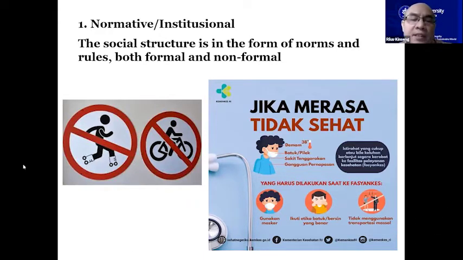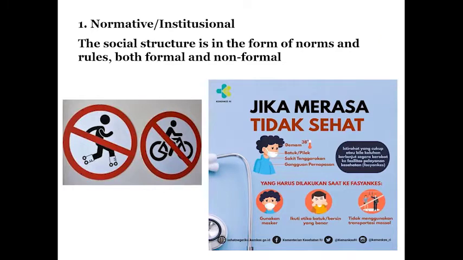Like for example, here in the picture, you are not allowed to cycle in this area. You are not allowed to do the, what is the first one? But you know, what is the first picture? Can you mention? It's roller skating, sir.